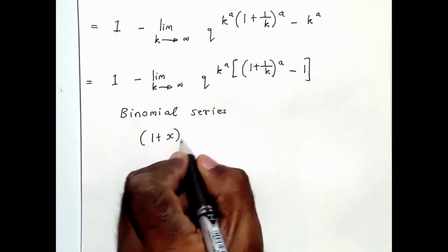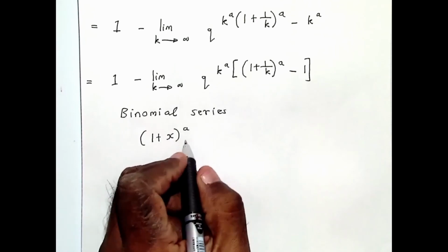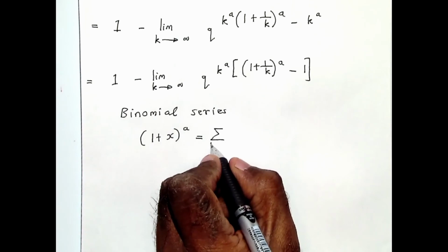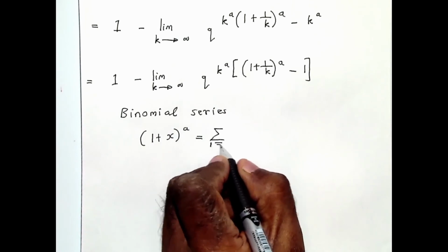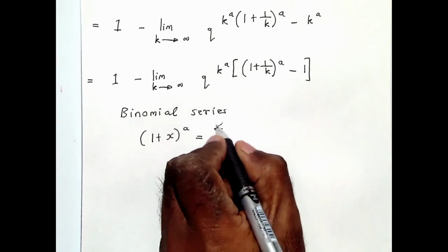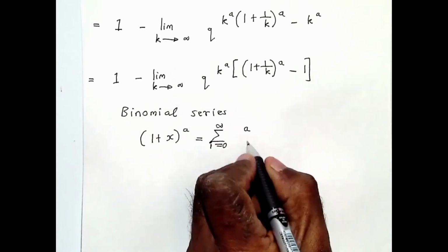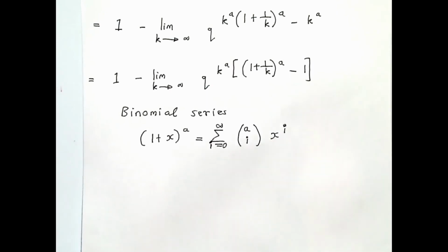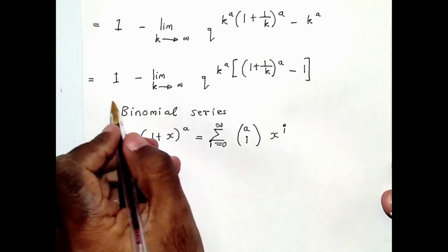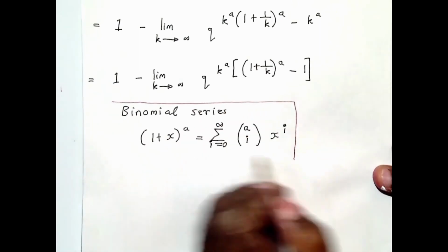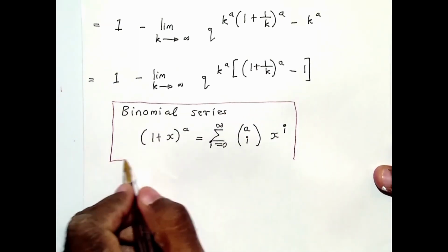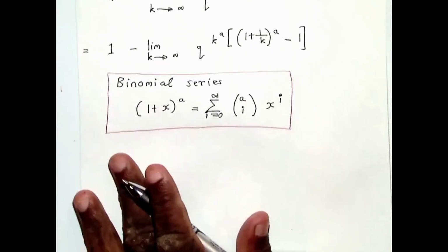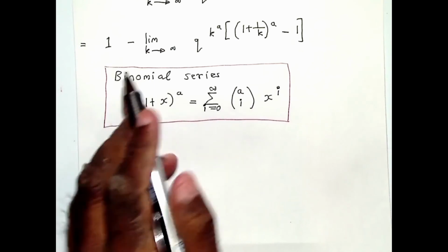If you have something like 1 plus x power a, you can write it as the sum over i from 0 to infinity of a choose i, x power i, right? And this result is known as the binomial series, right? Okay, so using this, I can write this line here.